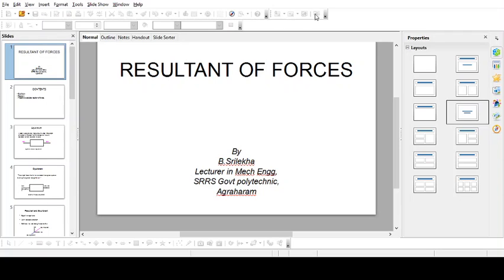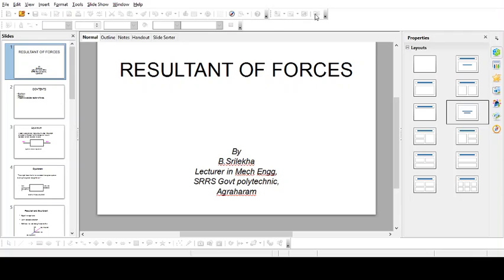Now your theta will be, so you have to measure from east itself. From east to west it is 180, plus this 45. 180 plus 45 is 225 degrees. So your theta will be 225 degrees. You can also measure from the other side, this way also, but with plus and minus you will be confused.